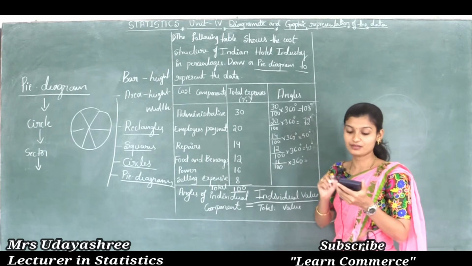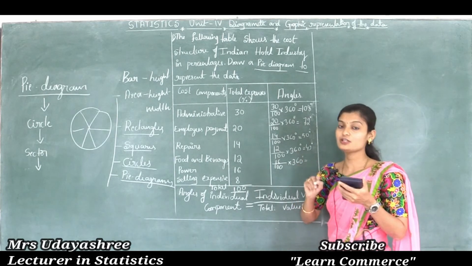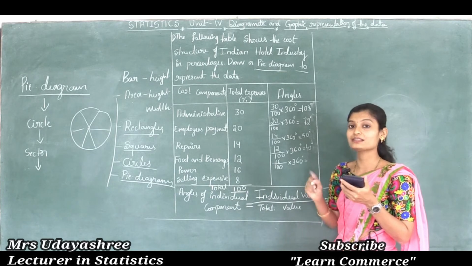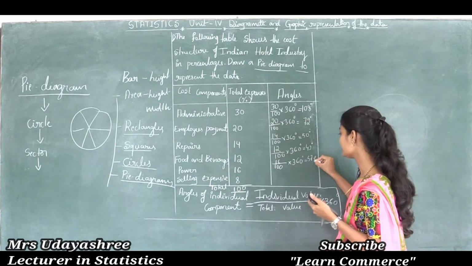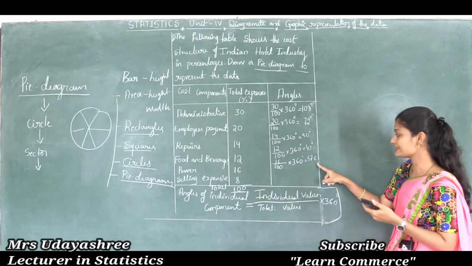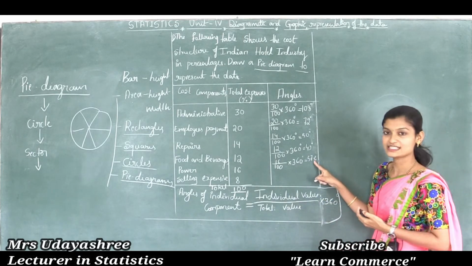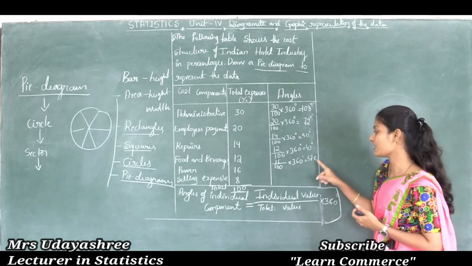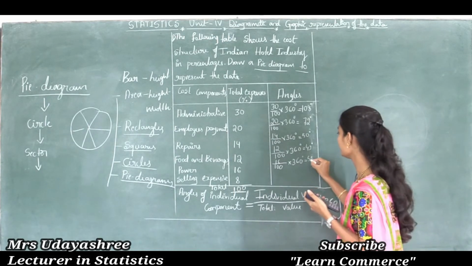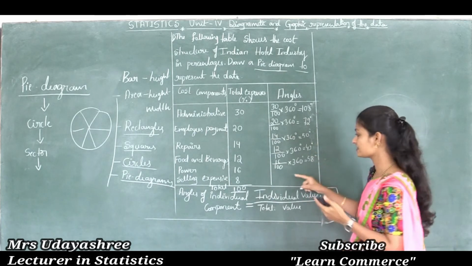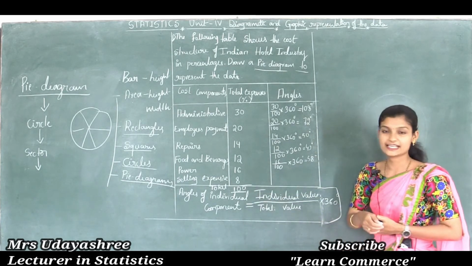After the decimal point the value is more than 5, therefore I will take the approximate value, that is 58 degree. Okay, next last component, that is selling expenses.